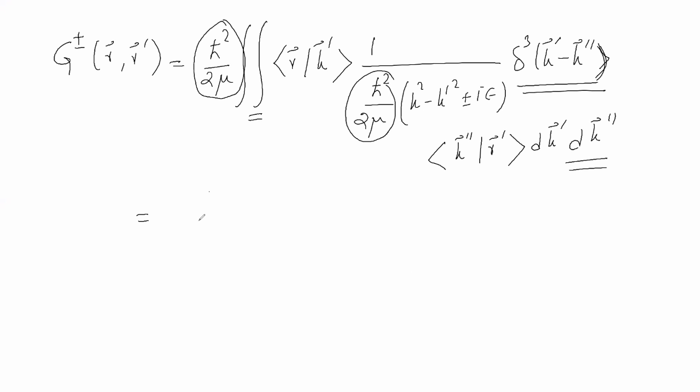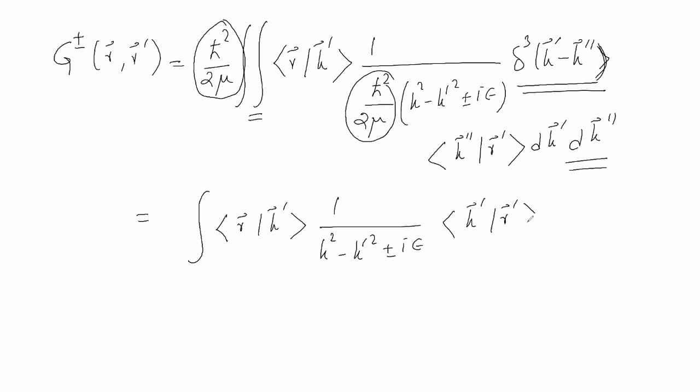This will be equal to r K prime, 1 over K square minus K prime square plus minus i epsilon, K prime r prime. Now we will be left with only dk prime because dk double prime we have exhausted.